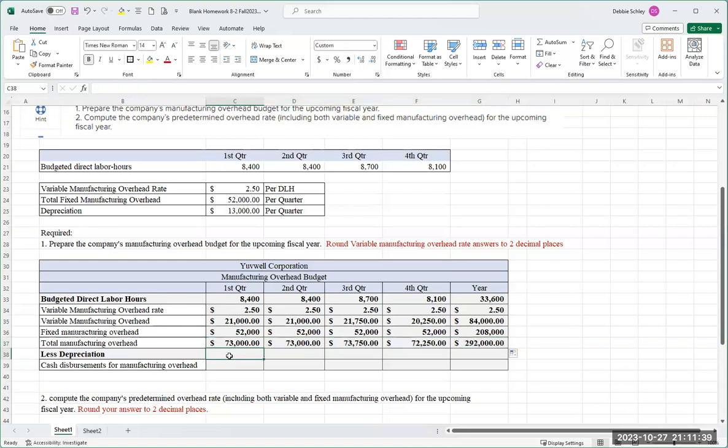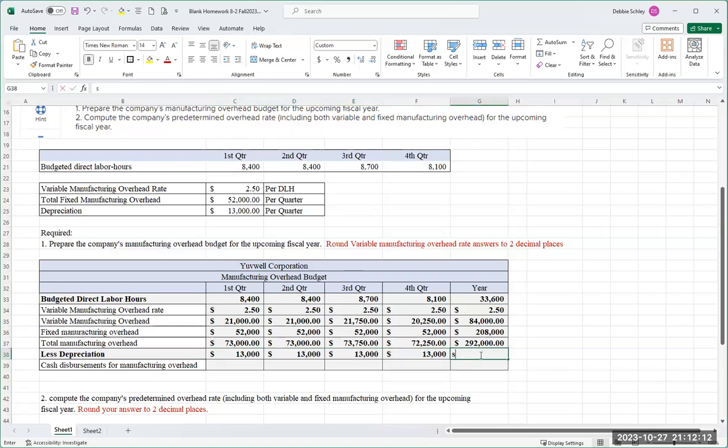Okay. Less depreciation. This is where that comes in. And we're subtracting it because it is a non-cash thing. And it is the same every quarter. So I'm going to anchor that cell. So first quarter, second quarter, third quarter, fourth quarter, same depreciation. And we take that out again because it is non-cash and it was included in the fixed.